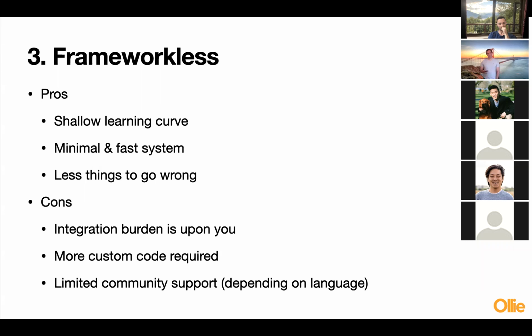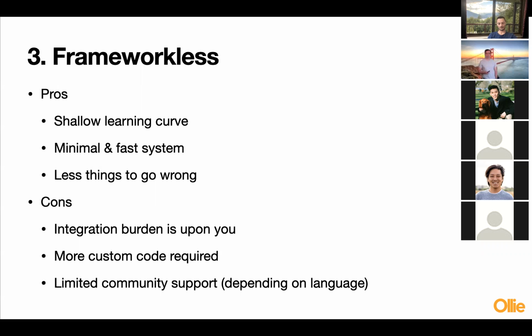So some of the advantages here is that it's really simple. There's no learning curve except the custom code that you actually write. So it's minimal, it's fast. There's a lot less things that can go wrong. You don't have this giant package.json that eats the entire universe for you. But the cost for you is that you need to do all the integration yourself.